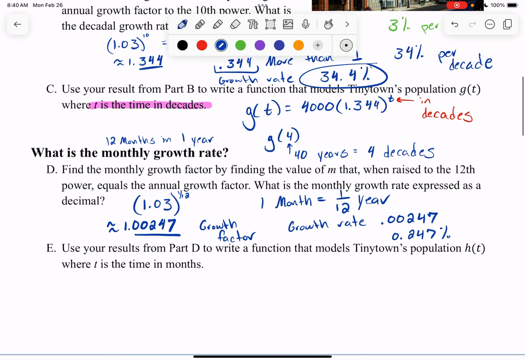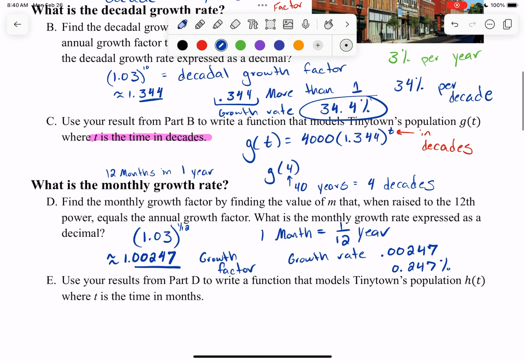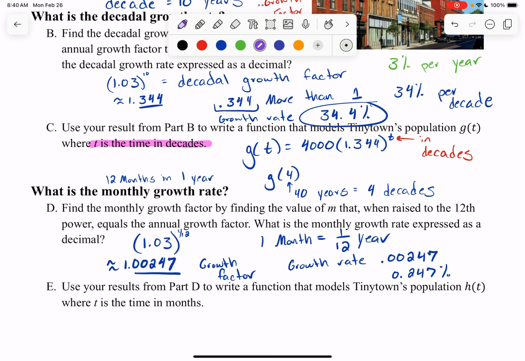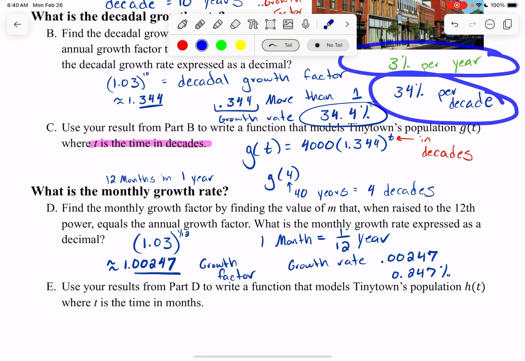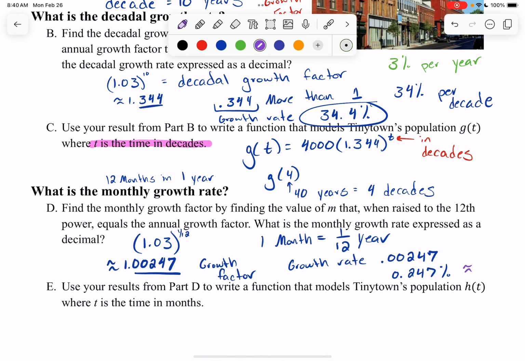Such a tiny amount. So this tells me, I should have switched colors here, that from up here, it grows at a rate of 3% per year, 34% per decade, but only basically a fourth of a percent, because this is approximately 0.25% per month. So my population is going up by a fourth of a percent per month.